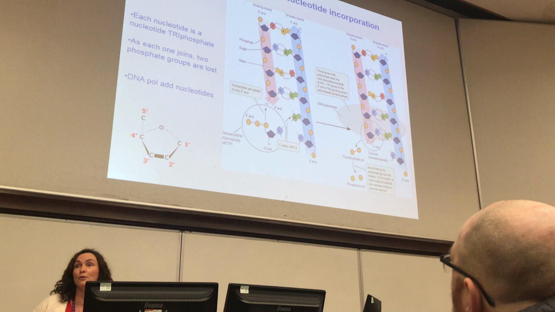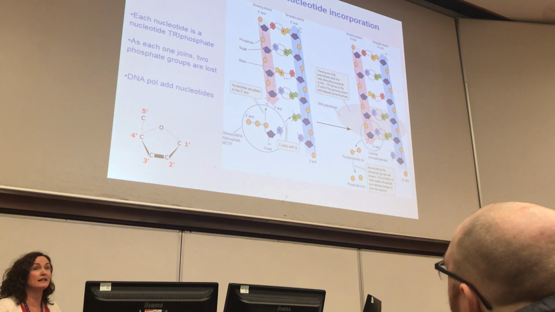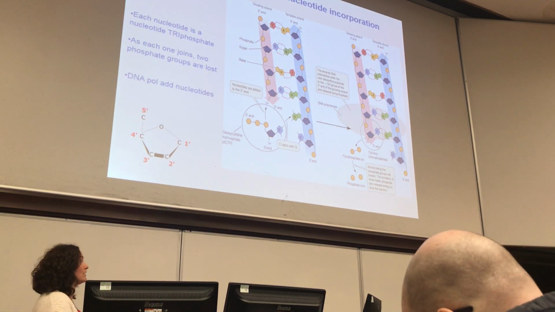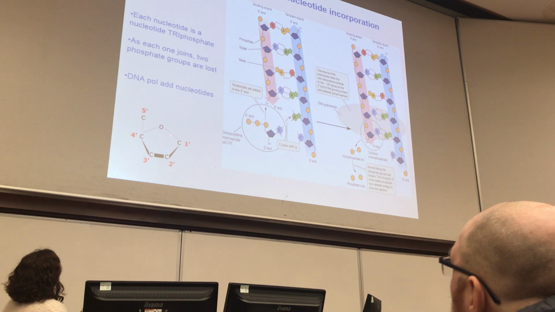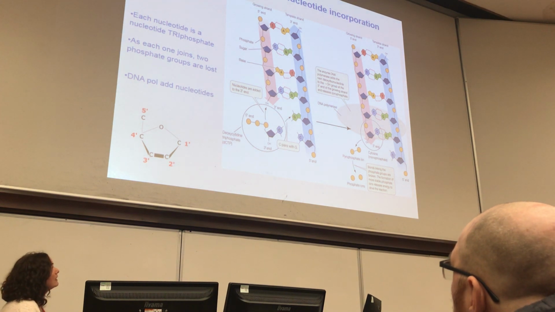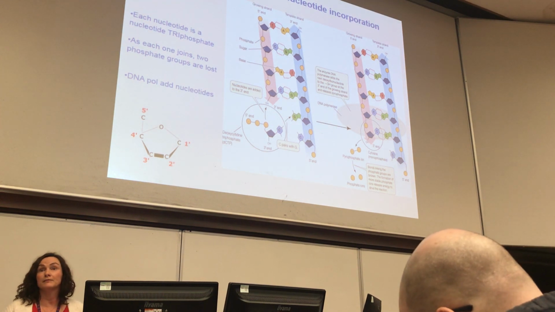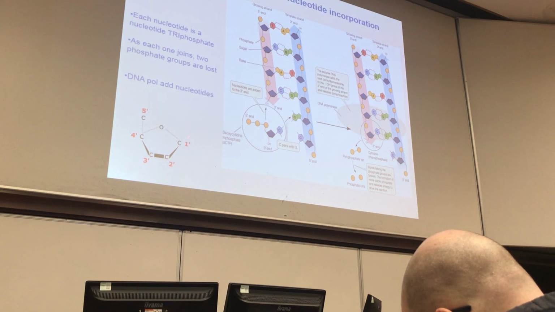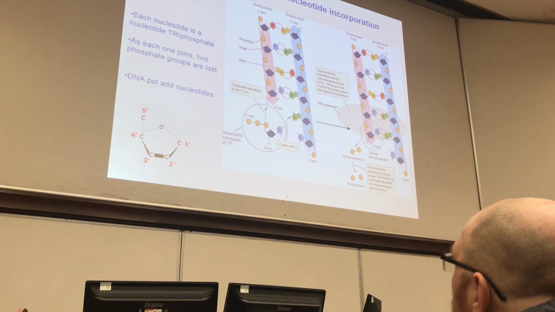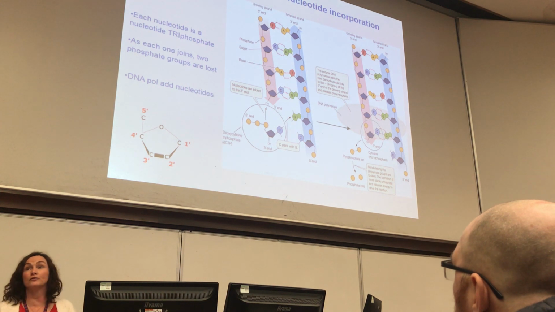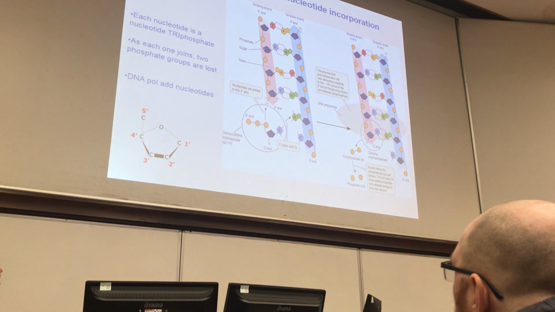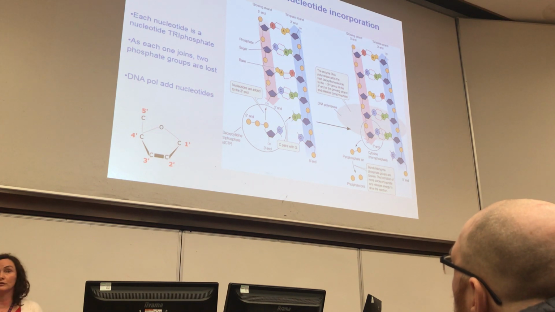I'm sure most of you know what the primes stand for, but just in case you don't, and you don't want to shout out, it's to do with the number of carbons that are in the sugar. Okay, so we have 1, 2, 3, 4. The 5th carbon is attached to the 4th, and on the 5th carbon is where the phosphate groups are attached, and on the 3rd carbon we have a hydroxyl group.